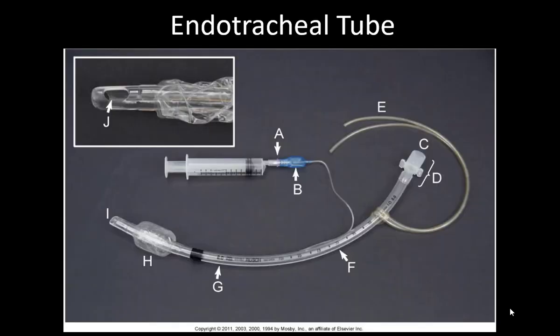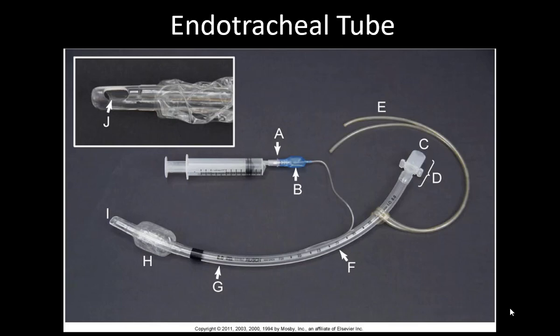Next is endotracheal tube. It is the most common definitive airway device used in ICU. So various parts are: what is A? A is wall, unidirectional wall. B is pilot balloon. What is C? It's machine end. What is D?